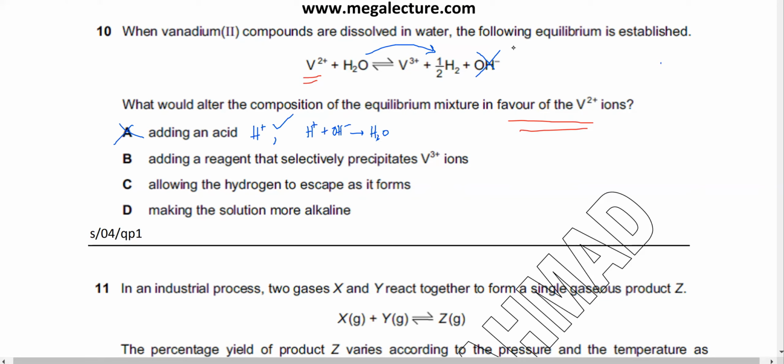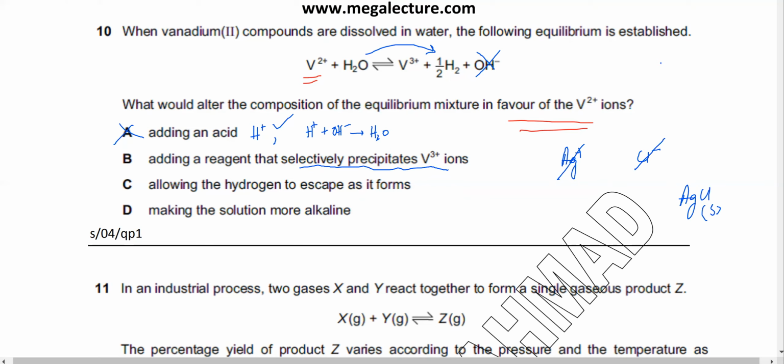The next one is adding a reagent that selectively precipitates V3+ ions. What does precipitate mean? Like if a solution contains silver ions and you add Cl- ions to it, immediately they're going to get together to form an insoluble precipitate of AgCl solid. So the silver ions and the Cl- ions would be removed from the solution.